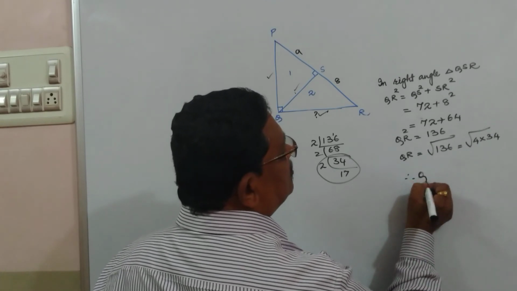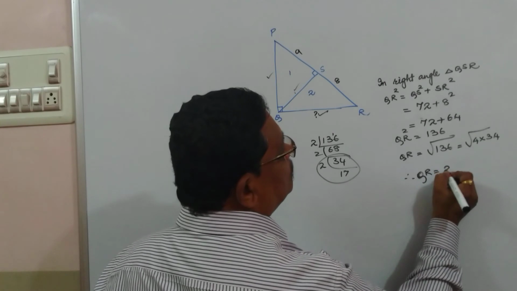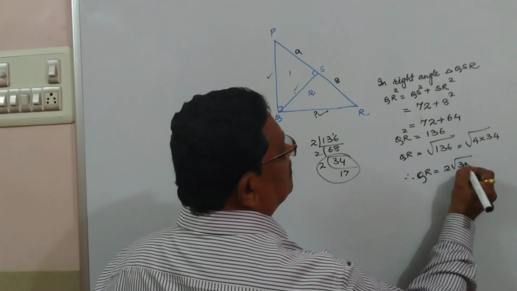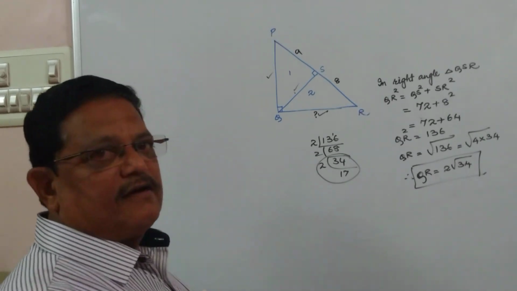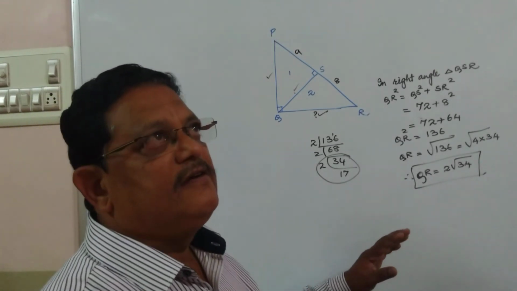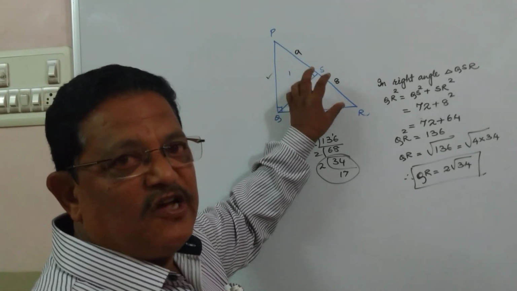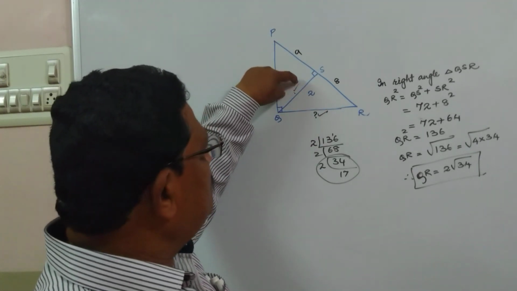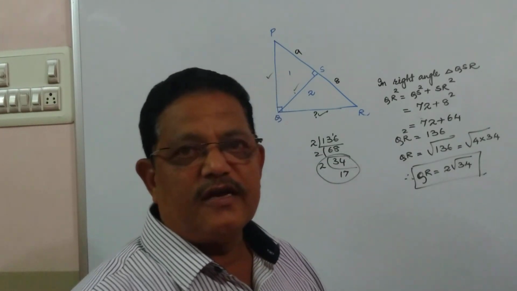Therefore, QR is equal to 2 root 34. Hence, in a right angle triangle, we can find different values when you know the lengths of the segments, or if we are given QS and any one side, you can find the remaining sides. Okay, thank you.